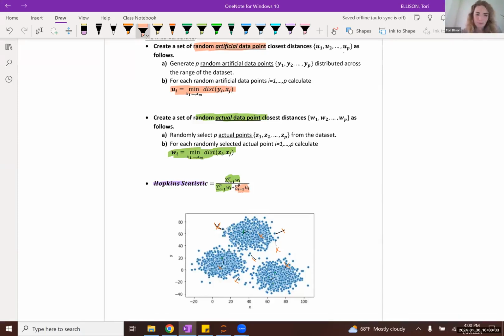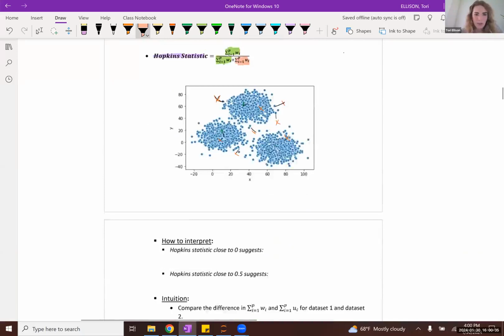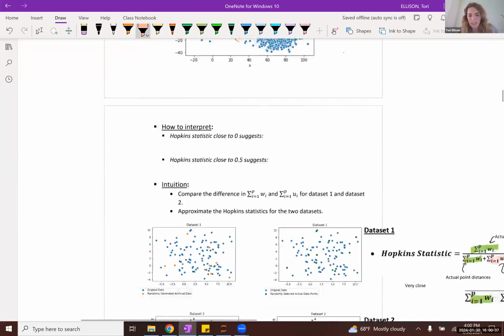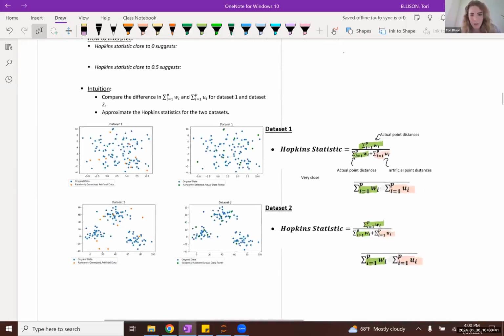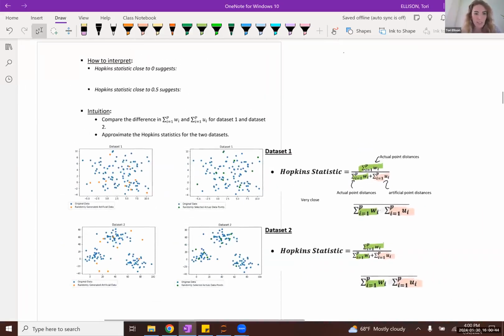Okay? And so I want you to think about how this Hopkins statistic is generated to give us a sense as to what types of Hopkins statistic values suggest a clusterable data set and what types of values suggest a less clusterable data set.